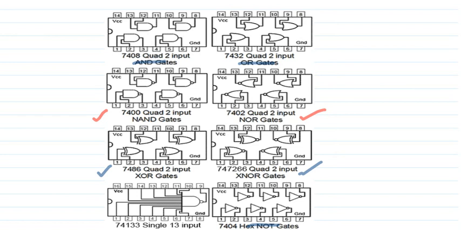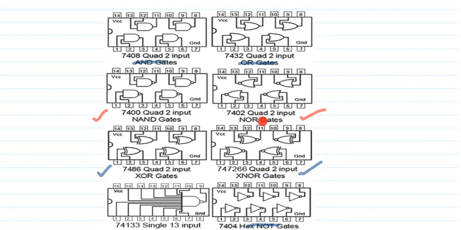We'll look at the IC numbers. That is very important. Going in ascending order, 7400 is your NAND gate. 7402 is your NOR gate. See, we are starting with the universal gates.